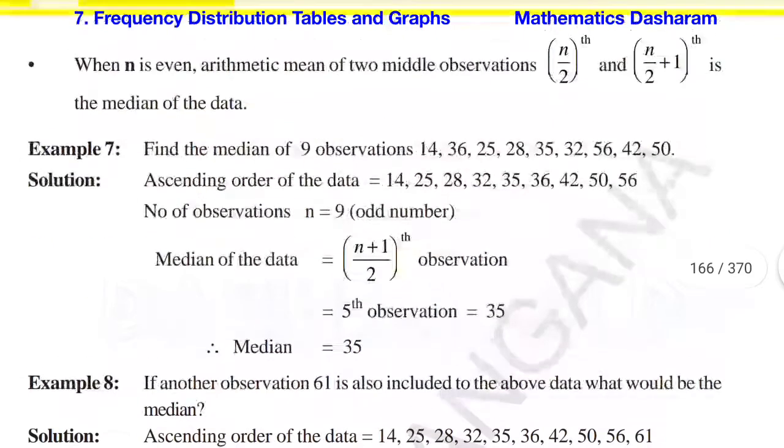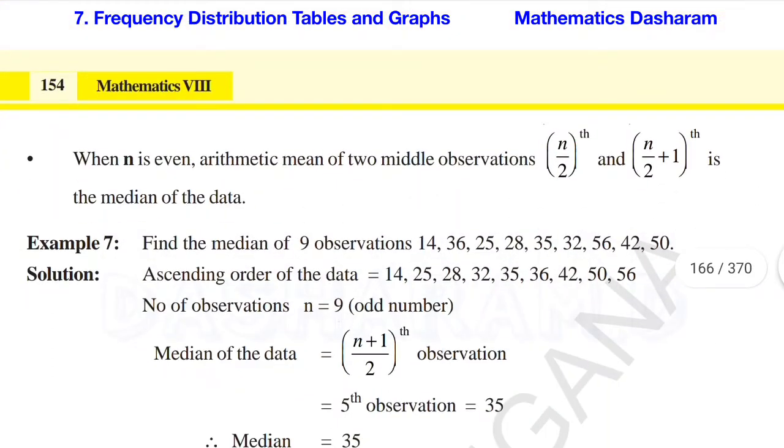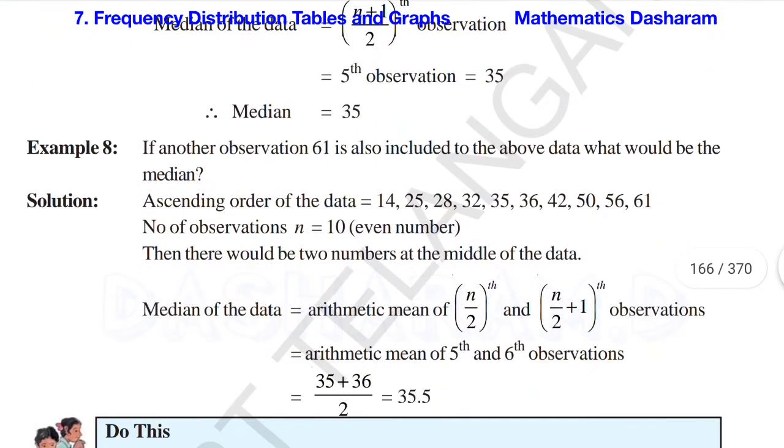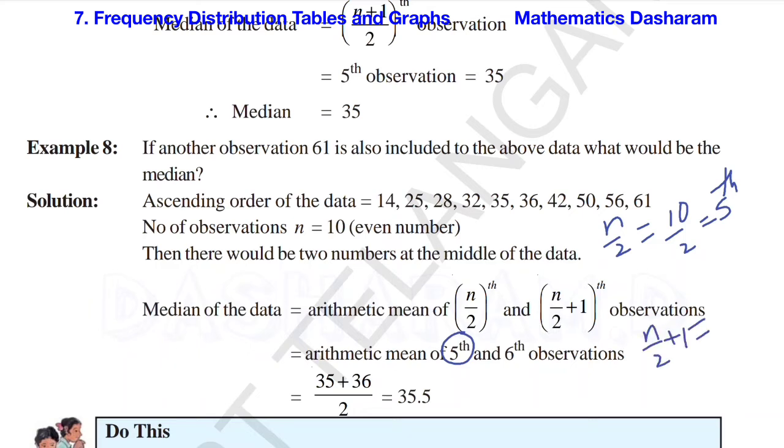So if n is an even number, what is the formula? Arithmetic mean of two middle observations: first observation n by 2, second observation n by 2 plus 1. So n by 2 means 10 by 2, which means the fifth observation. Next, n by 2 plus 1 means 10 by 2 plus 1. 10 by 2 means 5, plus 1 is sixth.